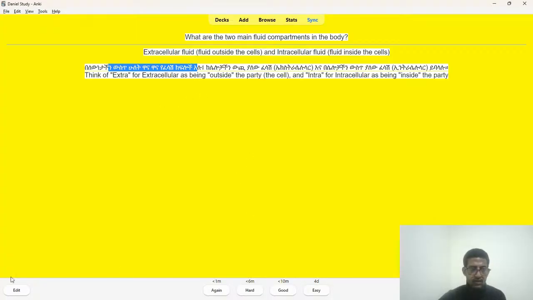Bro, I wish I could change this thing. How can I change it? Can I change this? Like my preference. Alright, this is appearance. So, theme is light.